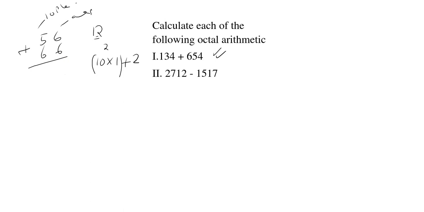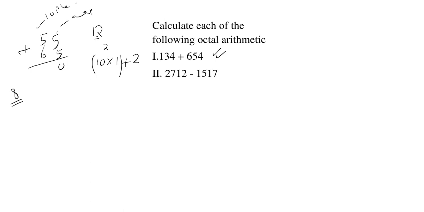So for the octal now, if it is 8 or beyond 8, we carry. For example, in base 10, if we had 5 and 5, we get 10, and in that case write 0 carry 1. In the same way, when you get 8, which is the base here, you write 0 carry 1. And when it is more than 8, you have to take the difference and carry the necessary carry.